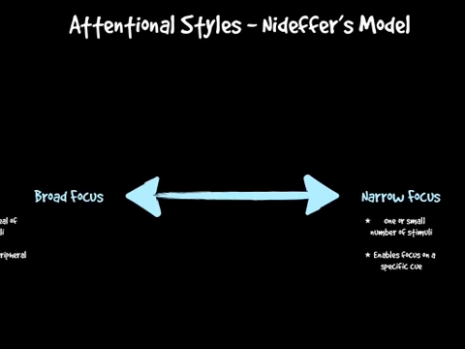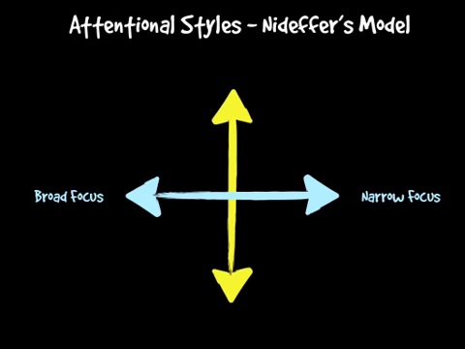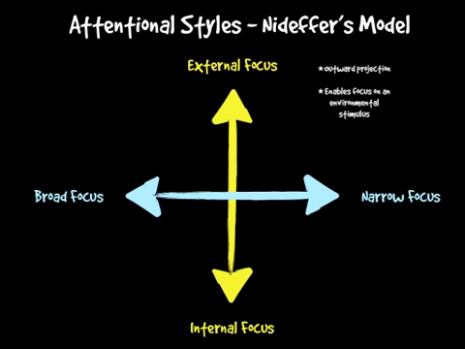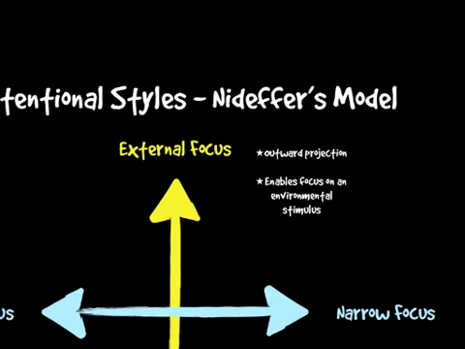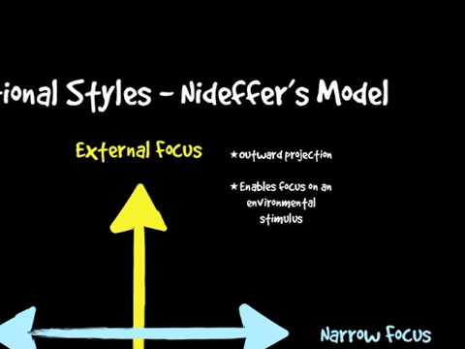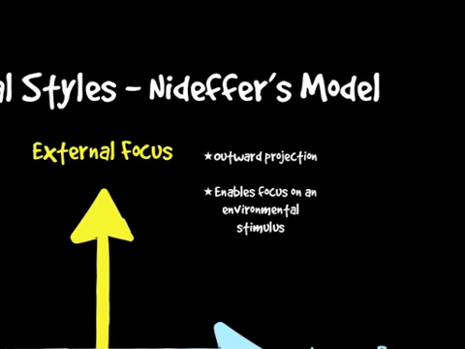Now, on top of this, along a different axis, going up and down within this model, we have what we call an external focus and an internal focus. What these mean is a little bit like what they say on the tin. External just means that it's outside of our body, outside of us as a person or an individual, and it's an outward projection.